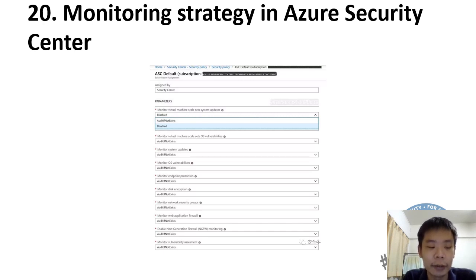Under the networking category, network security group, web application firewall, and next generation firewall. Under the data category, storage encryption, SQL audit, SQL encryption. All these policies should be enabled in every production environment. This strategy provides basic security monitoring of the Azure cloud environment.